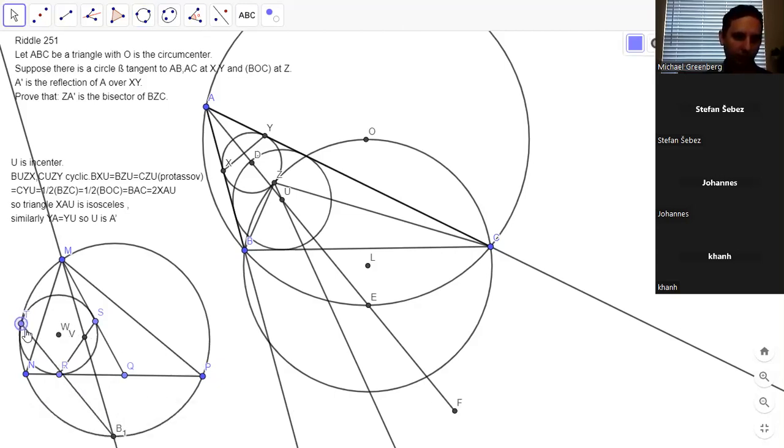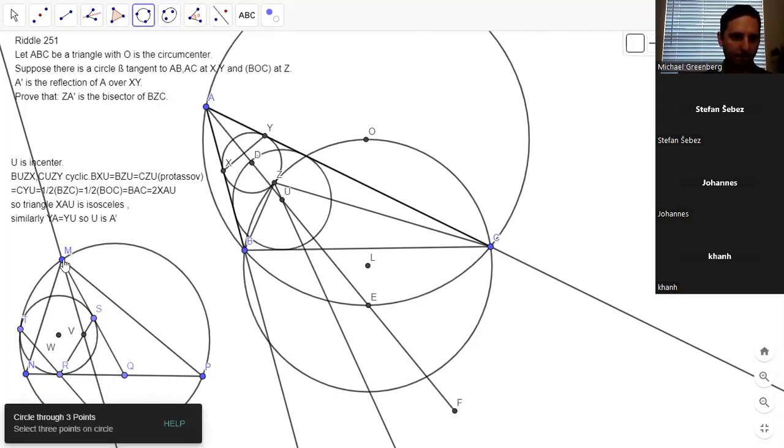Let's see, try to make it better. Or we could use this theorem to draw the circle perfectly. Yeah, we could. I think it's pretty close to that. And maybe MSVW is cyclic.